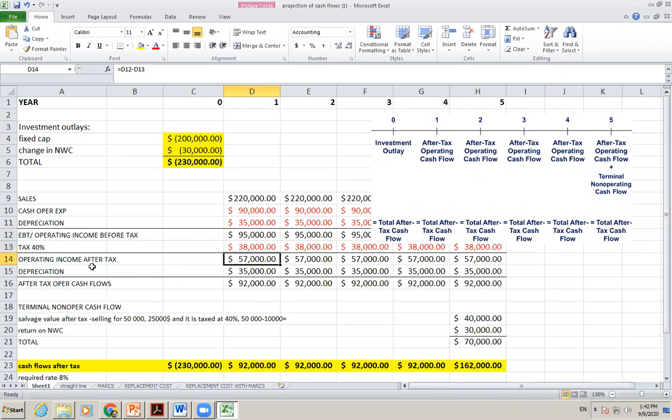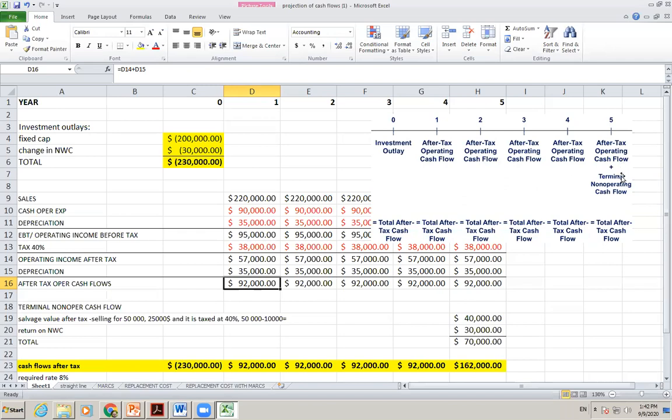Then, as depreciation is a non-cash item, you have to add it back to get after-tax operating cash flow. So this is how we calculate after-tax operating cash flow.